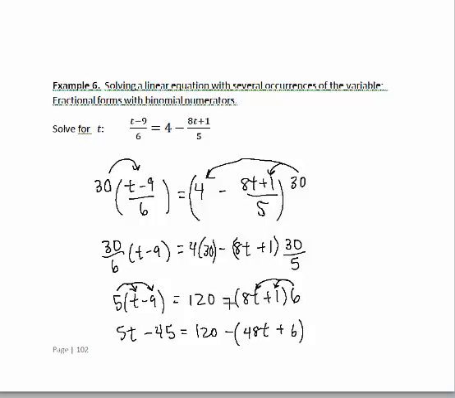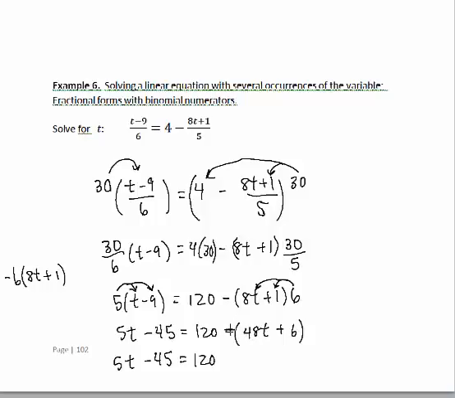If we had wanted to, we could have rewritten this as a negative 6 times an 8t plus 1. Multiplication is commutative, so we can rewrite things this way. All right, but I did it differently, sort of going the long way.